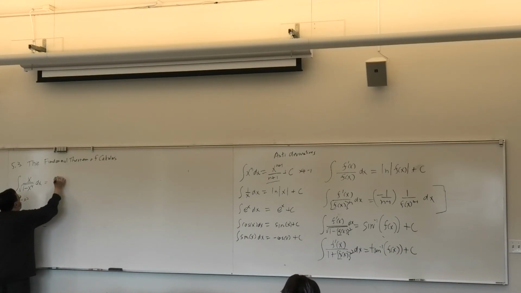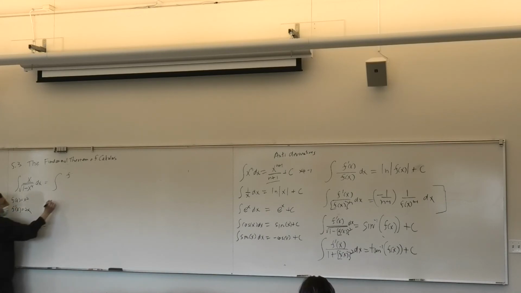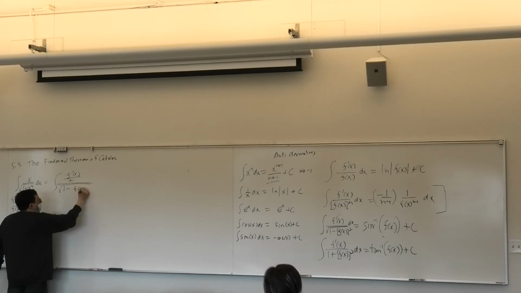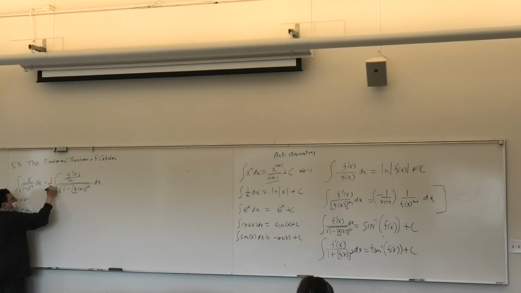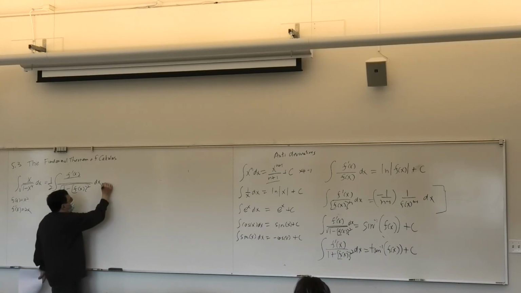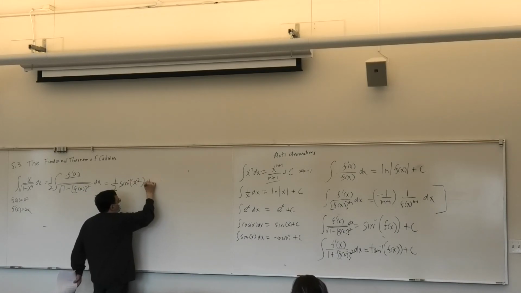This becomes the integral of, the derivative of f of x is 2x, so this is the derivative of x squared over 2, over the square root of 1 minus f of x squared. You take the 2 out in front, and there I have my pattern. So this becomes 1/2, I'll write it the other way, inverse sine of x squared plus c.